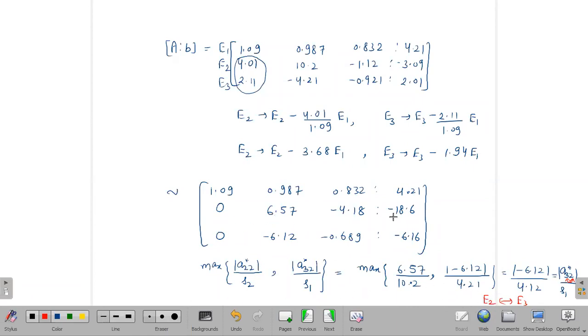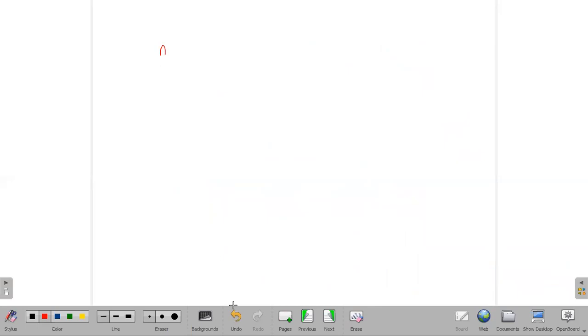So let us write this row in the place of the second row. So it will be 1.09, 0.987, 0.832, 4.21.